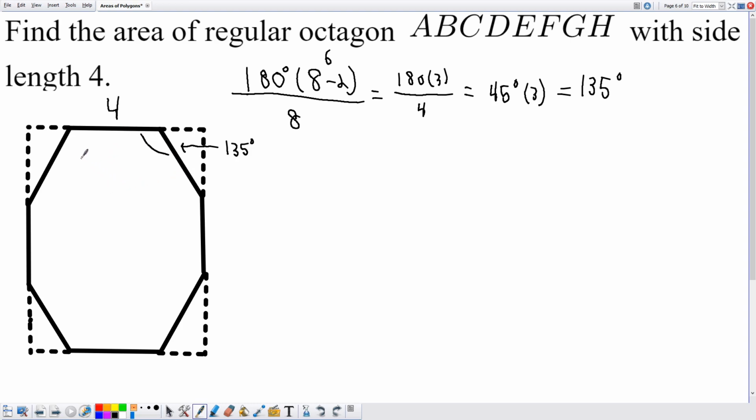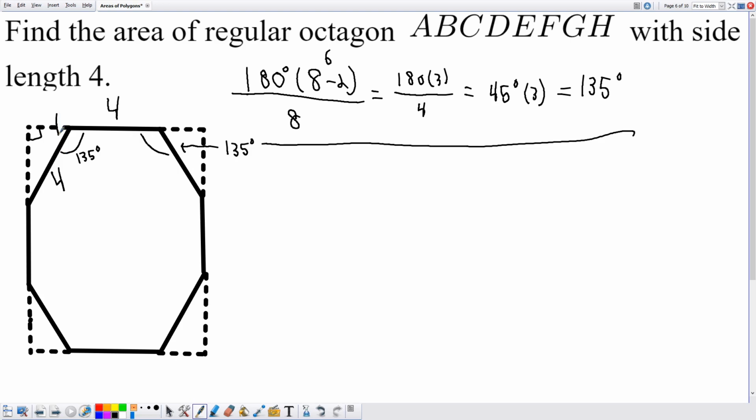Now, what can we do from here? Well, we have that this is a right angle, and this entire angle right here is 135 degrees. We know that the side length of the hypotenuse is 4, and it's going to be the same in each of the 4 little triangles with the dashed lines. So, how can I find what I'm looking for?